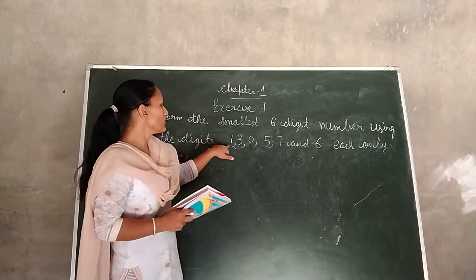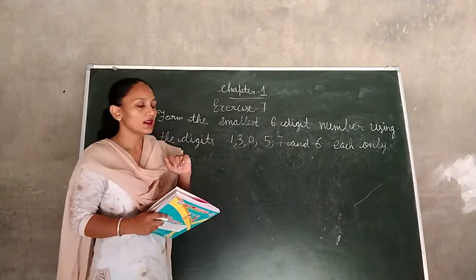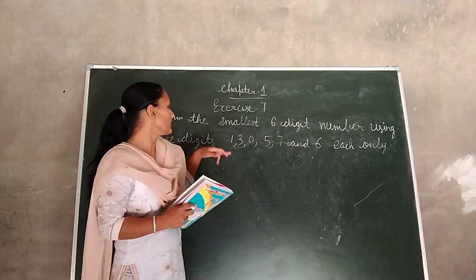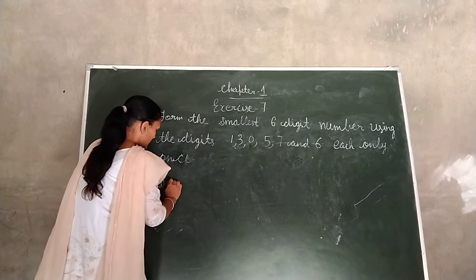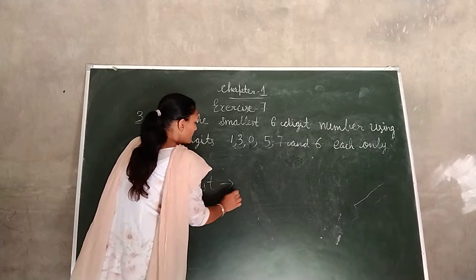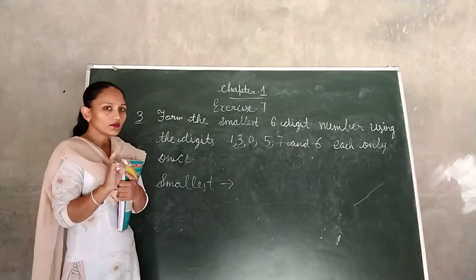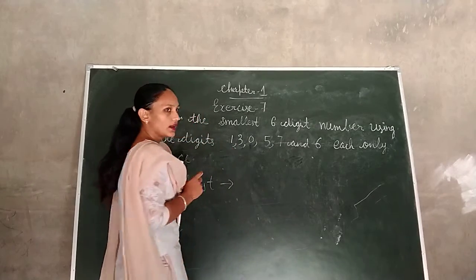So we have 5 digits left, and which is the smallest among these 5 digits? 1. So we will write 1, because when we have to make the smallest number, then we have to arrange these digits in ascending order, or from lower to higher.